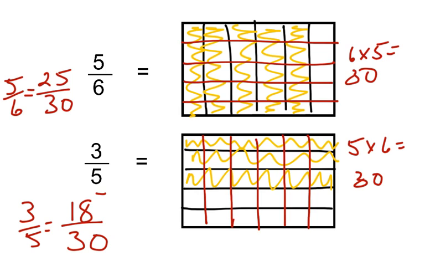So now that I have both of those, I can compare 25/30ths and 18/30ths. So notice how by drawing the area model, I've come up with common denominators. So that can bring me to comparing 5/6 and 3/5. I noticed that 25 is greater than 18, which means 5/6 is greater than 3/5.